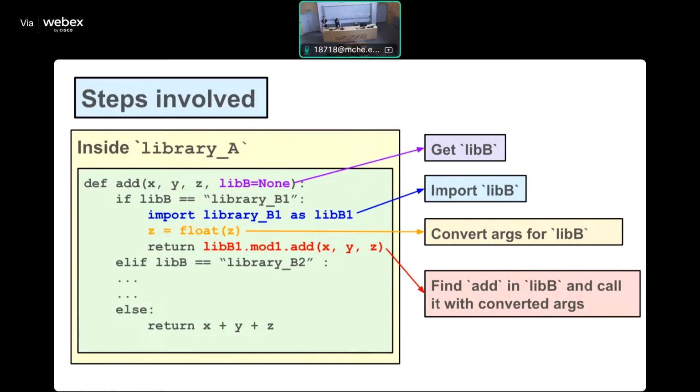First you get the name of the backend package, and then you import it. Then you convert the given arguments into something that library B can understand, and then you find the add function inside library B1 and call it.